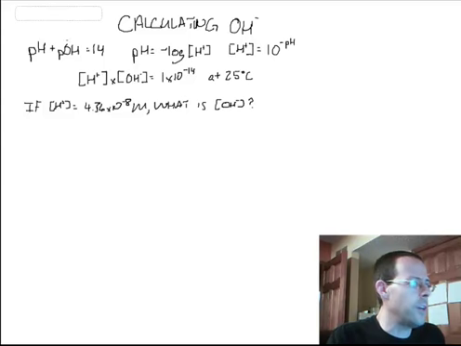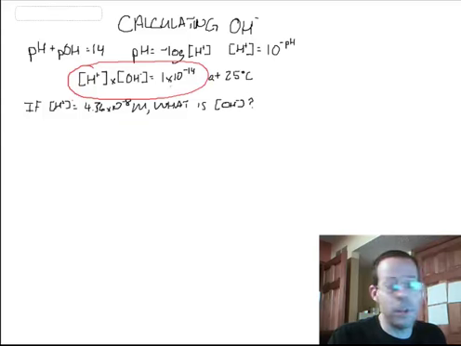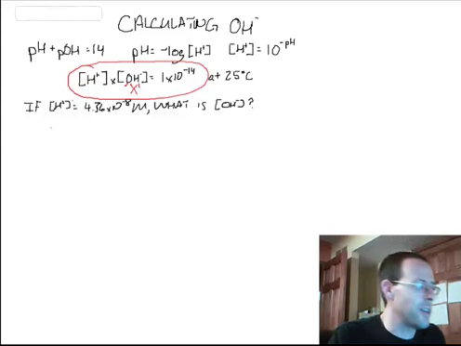Alright, so the only equation up here that has hydroxide is this right here, which I'm going to circle in red. And what do we need to know in this equation? Well, we always know 1 times 10 to the negative 14th. It's a constant. I want to know hydroxide, so it's really my x. Okay, it's what I'm solving for. So I need to know hydrogen concentration. Alright, and notice in this first example, the problem tells us what the hydrogen concentration is.